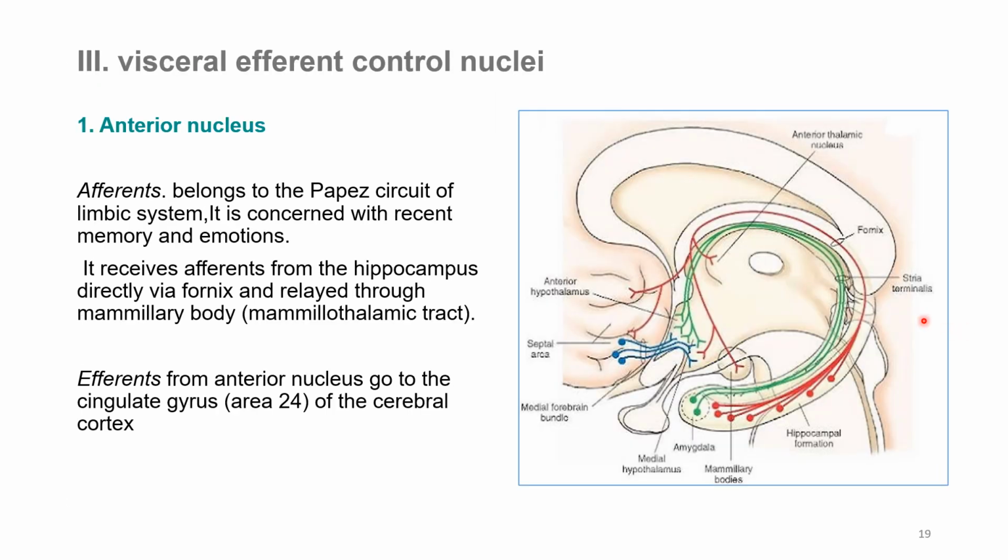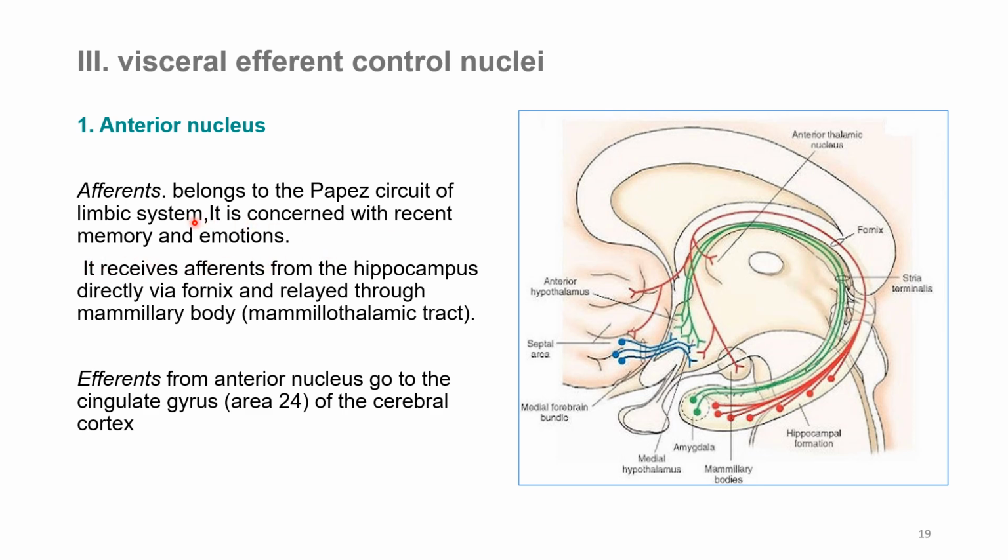Then coming to visceral efferent control nuclei. In that, the first one is the anterior thalamic nucleus. Its afferents belong to the Papez circuit of the limbic system, and it is concerned with recent memory and emotions.